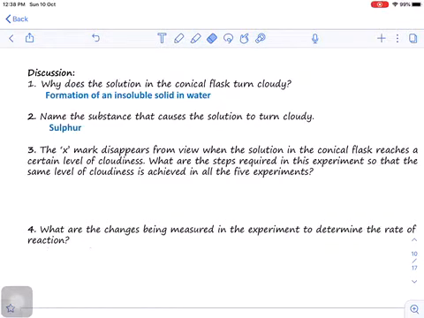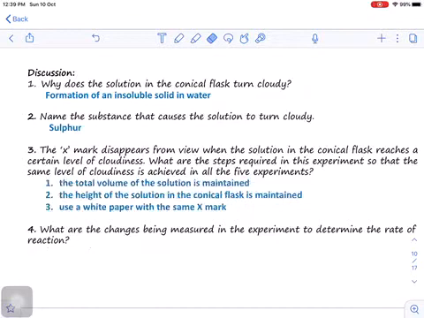The X mark disappeared from view when the solution in the conical flask reached a certain level of cloudiness. What are the steps required in this experiment so that the same level of cloudiness is achieved in all the 5 experiments? The first one, the total volume of the solution is maintained. And then the height of the solution in the conical flask is maintained.